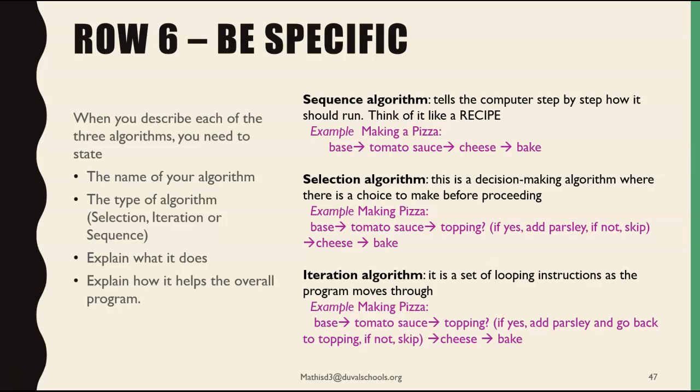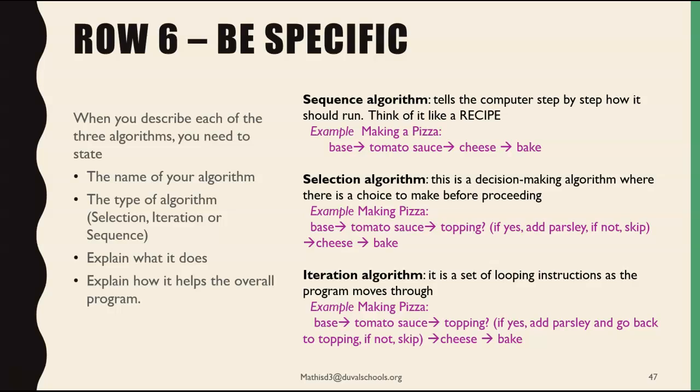An iteration algorithm would do the same thing as a selection, but after you select your first topping, now you go back to topping. Do you want extra cheese? Yeah. Do you want sausage on it? Do you want pepperoni on it? And you keep going through back in a circle until you get to if nots, and then you go to cheese, and then you go to bake.